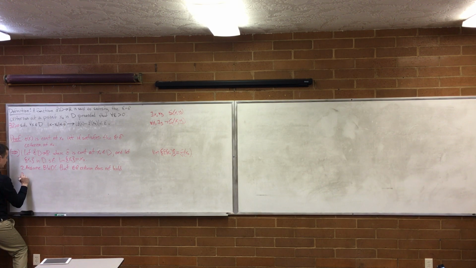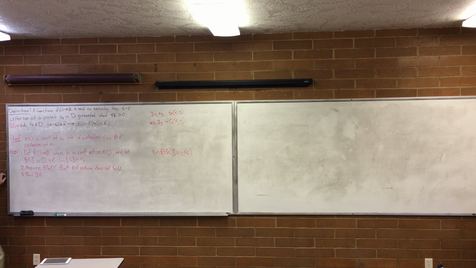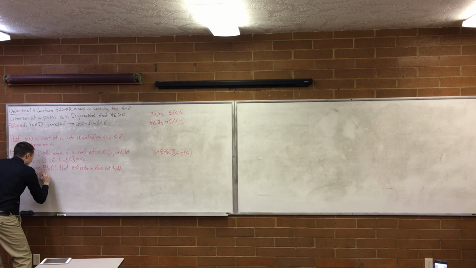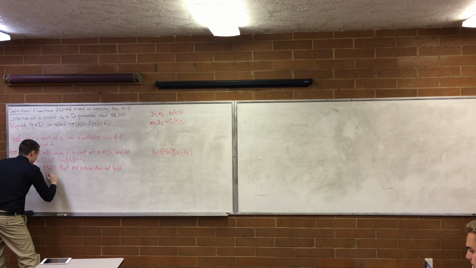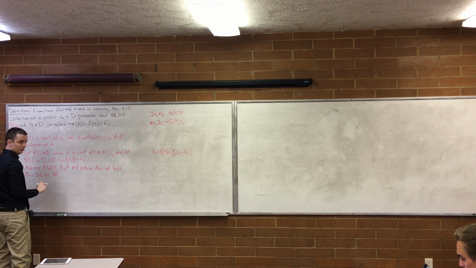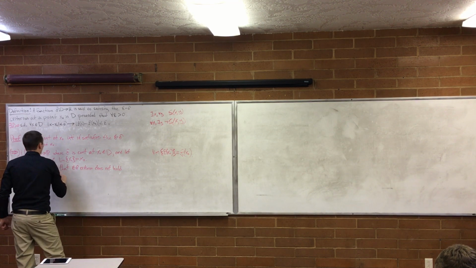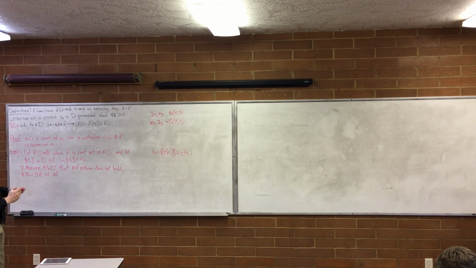That means then there exists some epsilon such that for all delta, how do I want to say does not imply?